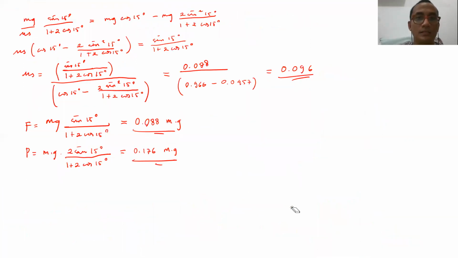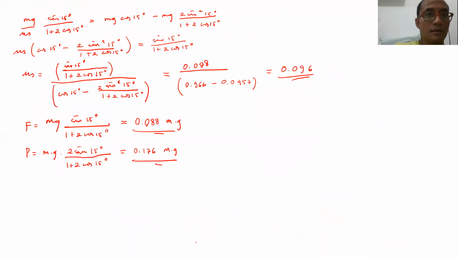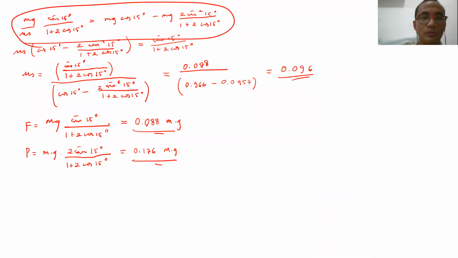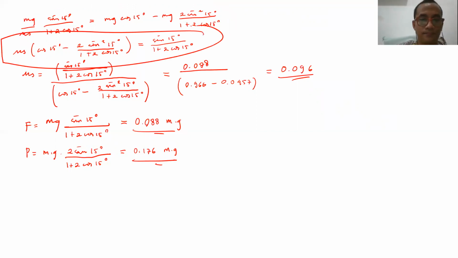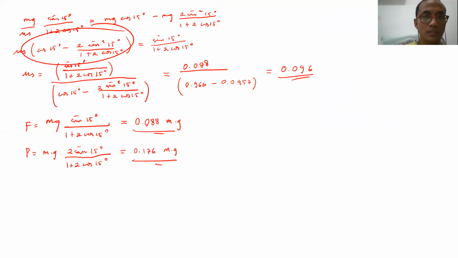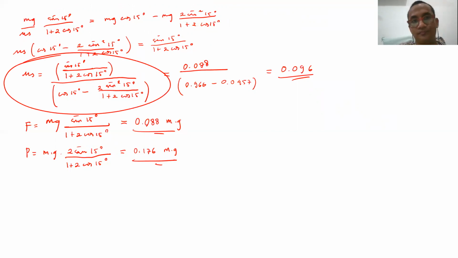As you can see here, this is the final calculation. I will write it again into this. I put the terms with mu s on the left and the rest on the right in order to solve for mu s. Then by doing a simple manipulation, I will get this. Then after that, by moving this to the bottom here, I will get this value.